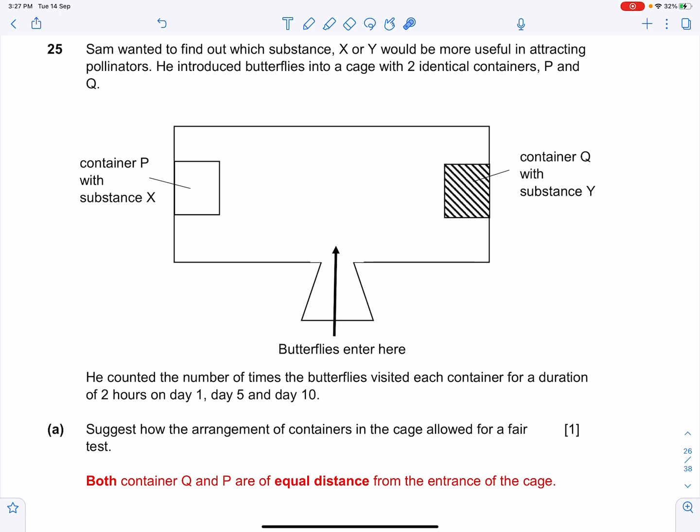One way you can do it is the arrangement of containers. You need to take a look and maybe draw out the pathway to help you visualize that the distance from the entrance is actually the same. Make sure you are very clear about your answer.